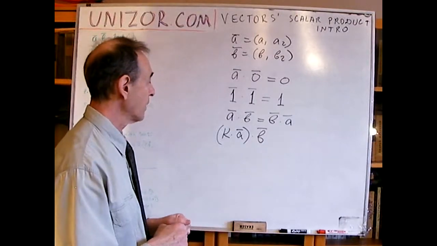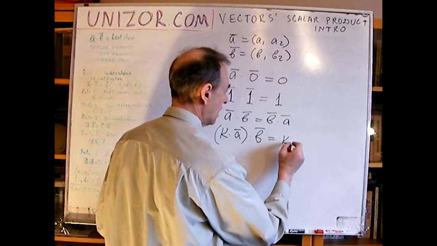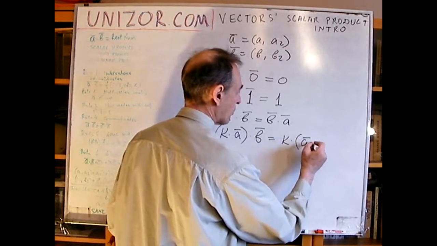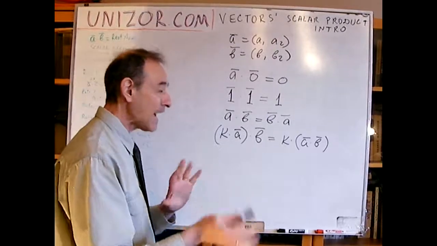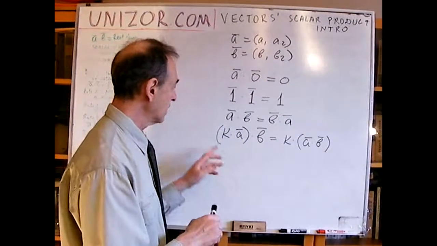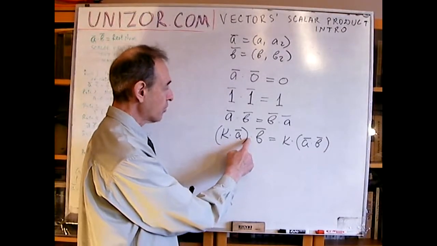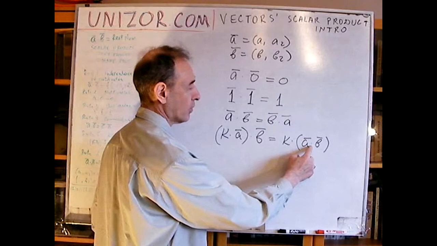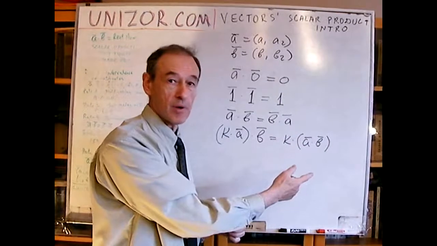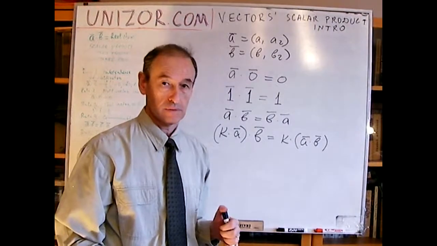That's the next one. So anyway, this should be equal to k multiplied by the scalar product of A and B. So this is kind of an associative law, but in this case we are mixing two different multiplications. This is scalar product, this is a product of the vector by a constant. This is scalar product, the result is a real number, right? So this is a multiplication of two real numbers.